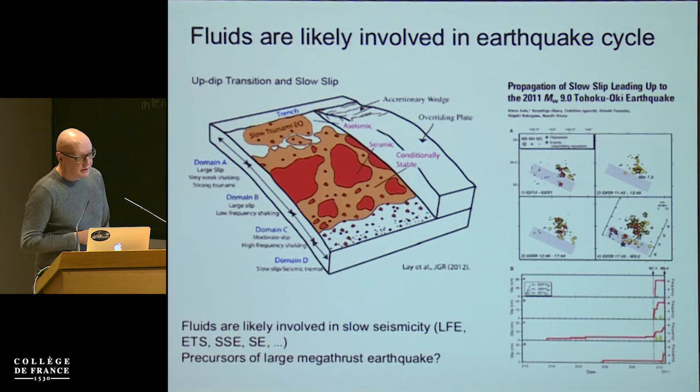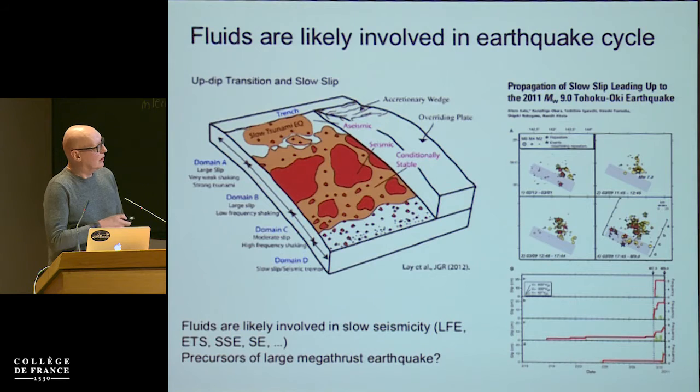Another kind of observation that is not exactly earthquakes, but is related to earthquakes and where fluids are likely involved, is what I call slow seismicity: low frequency events, episodic tremor and slip, slow slip events, etc., that take place quite deep on the plate interface.